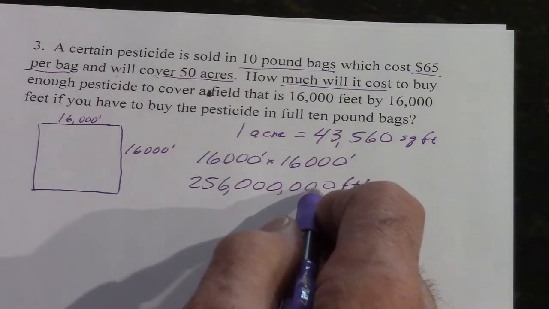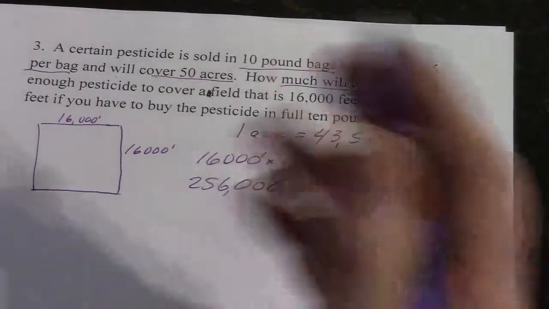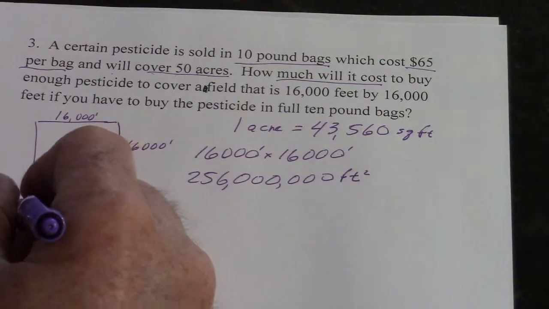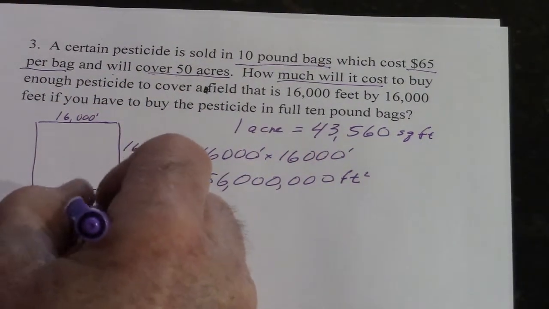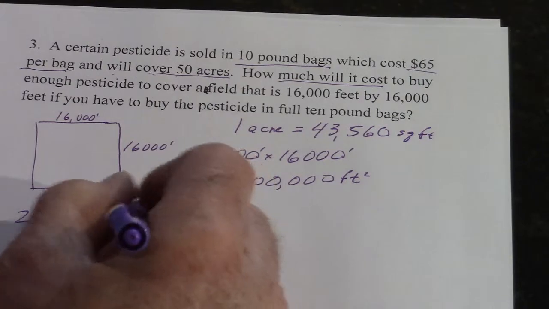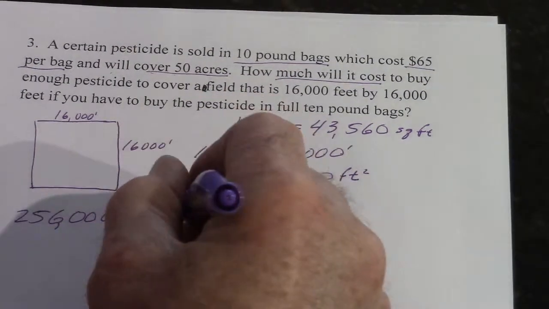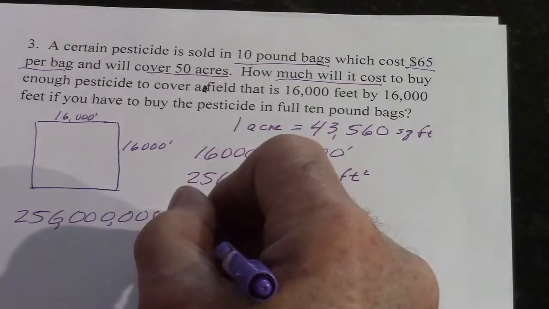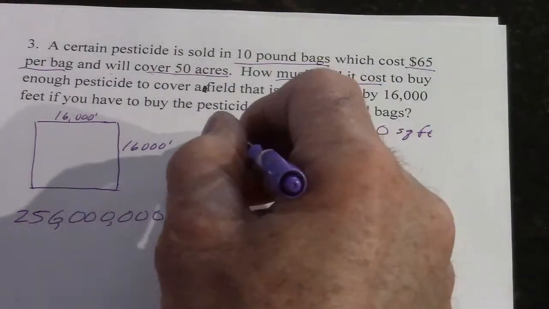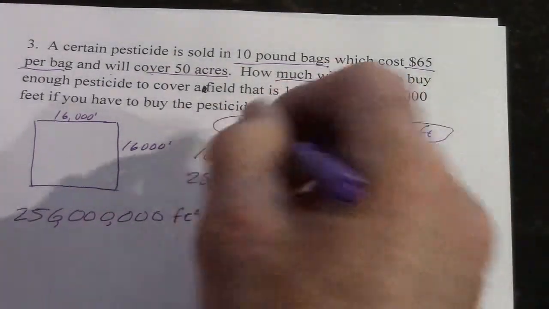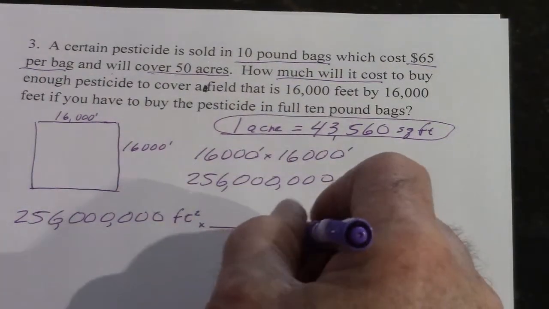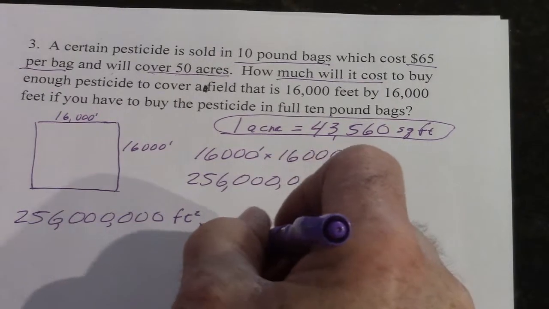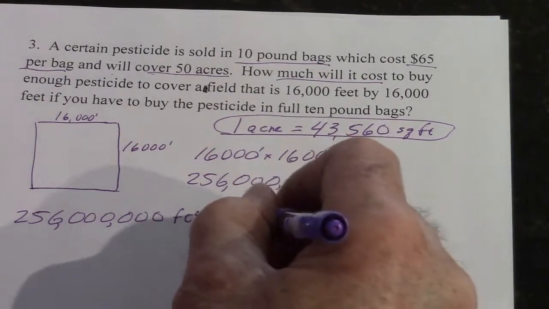Now basically we're going to convert square feet to dollars by going through acres. So check it out. If there's 256 million square feet, if we want to get rid of square feet, we know that we can change that to acres by putting square feet in the denominator. That's 43,560, and 1 acre.